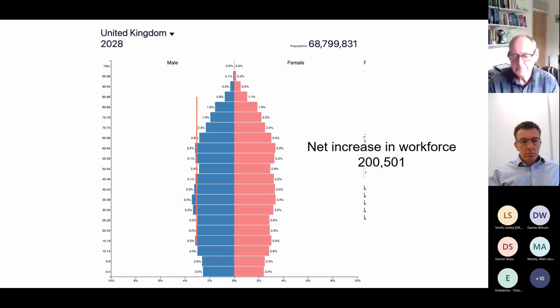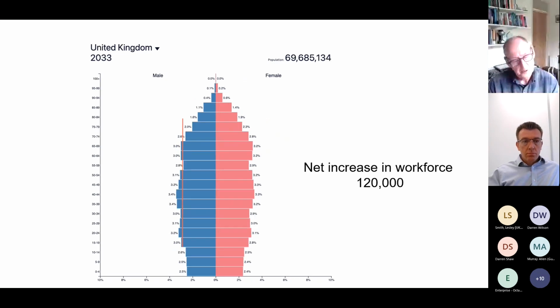But surely it's going to be better in 10 years' time. Next slide. No, it's not. The net increase in 10 years' time is just 120,000. So there is one conclusion we draw from this, very simply: we are not going to get growth by adding people, because they ain't there.